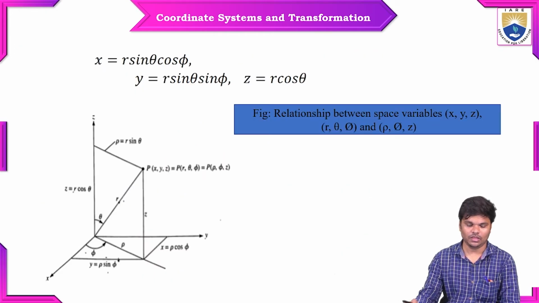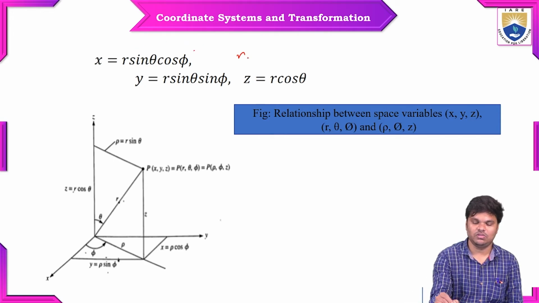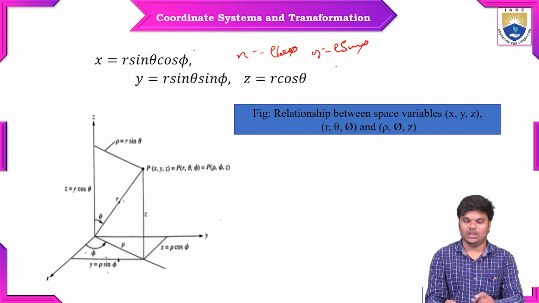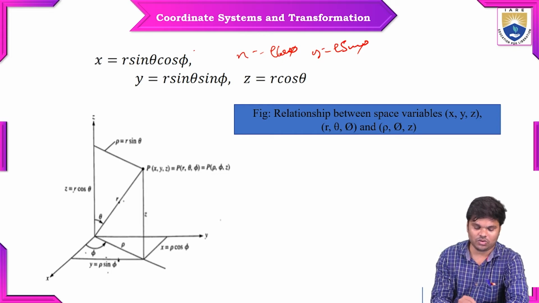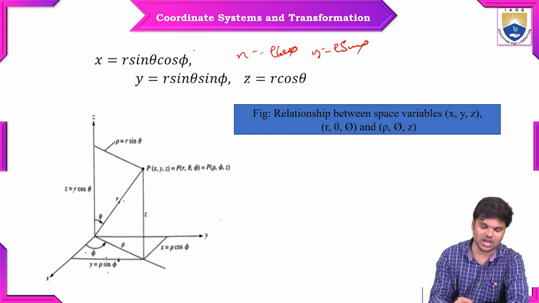We already know that x is equal to rho cos phi, and y is equal to rho sin phi. Here, we should find what this rho is in terms of r and theta. So this is r.